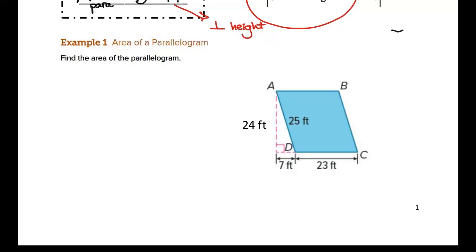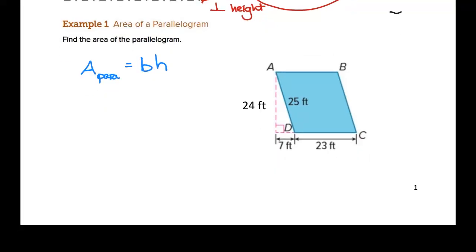So the example down below, base times height. And if you remember, I said you could have your base as any one of those sides. First of all, I am going to expect that you start with the formula. Now, you don't have to write parallelogram, but I do want to see capital A equals small b times h. Now, you don't need to put a dot there. If you want to, you can. If you want to put the multiplication sign there, you can do that also.